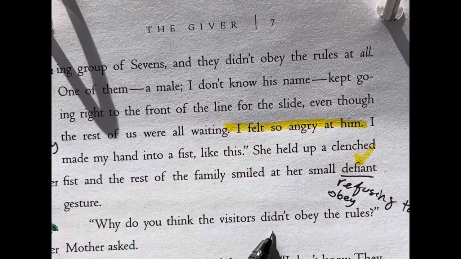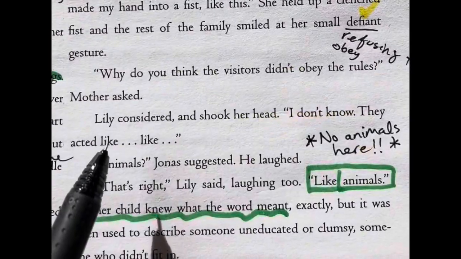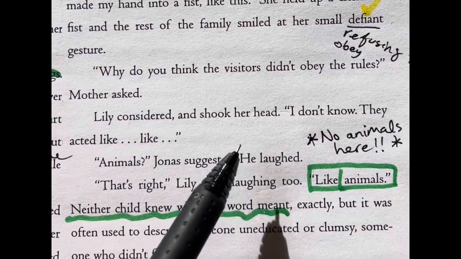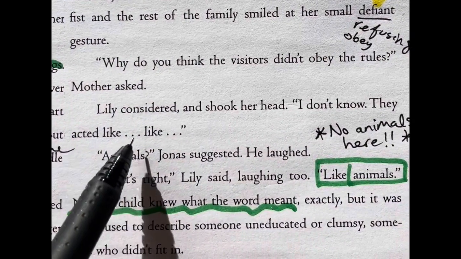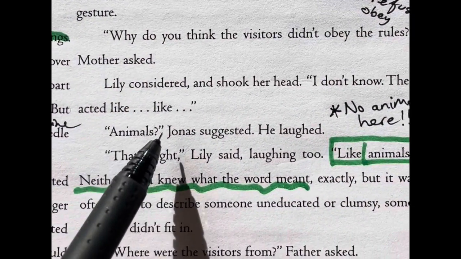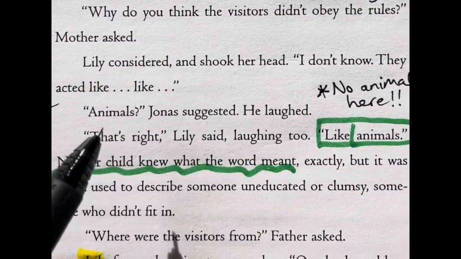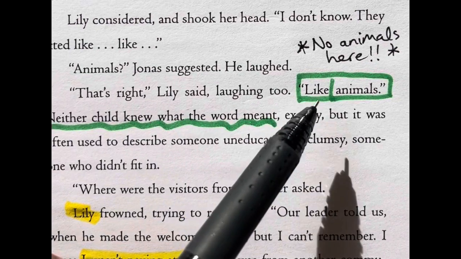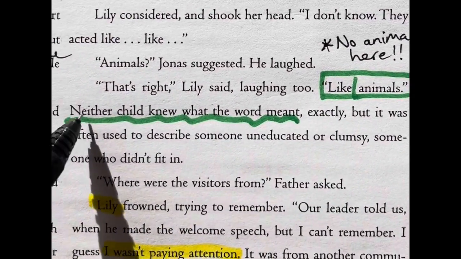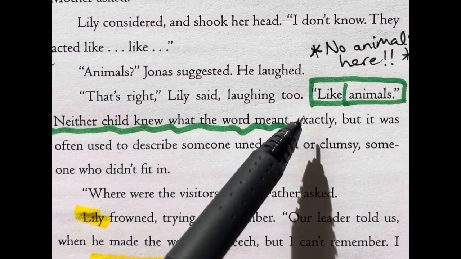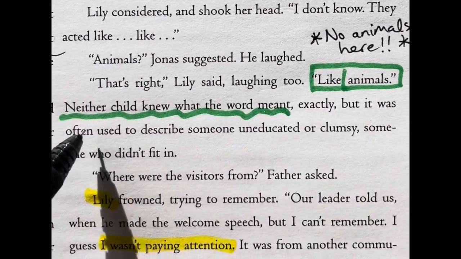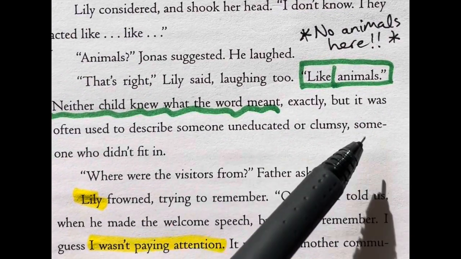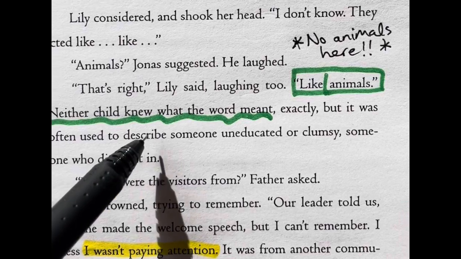Why do you think the visitors didn't obey the rules? Mother asked. Lily considered and shook her head. I don't know. They acted like animals, Jonas suggested. He laughed. That's right, Lily said, laughing too. Like animals. Neither child knew what the word meant exactly, but it was often used to describe someone uneducated or clumsy, someone who didn't fit in.